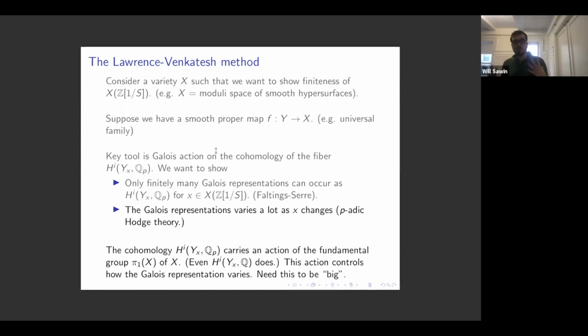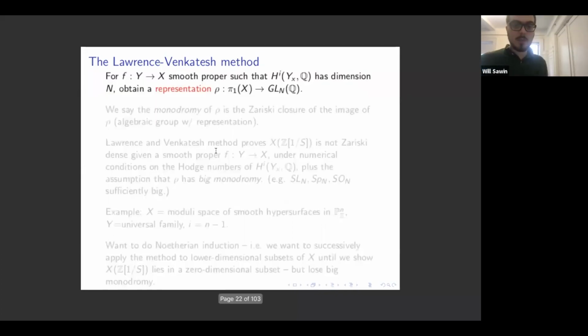And there's a general principle that this action controls how the Galois representation varies. And so we need this action to be big in some sense. And the way we'll make that precise is the notion of monodromy. So kind of just restating, when we have our smooth and proper family, let's say the cohomology of the fiber has dimension n, we get a representation rho of the fundamental group into GL_n over the rational numbers or over any coefficient field you like.